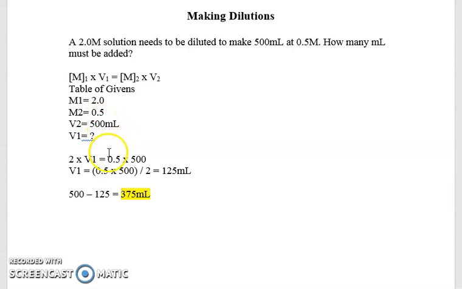The easiest way: subtract the original volume from the final volume, and you get this. So, if I add 375 milliliters to 125, I get 500. So this is your final answer.